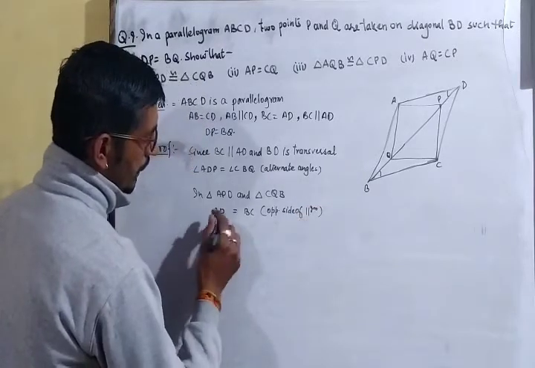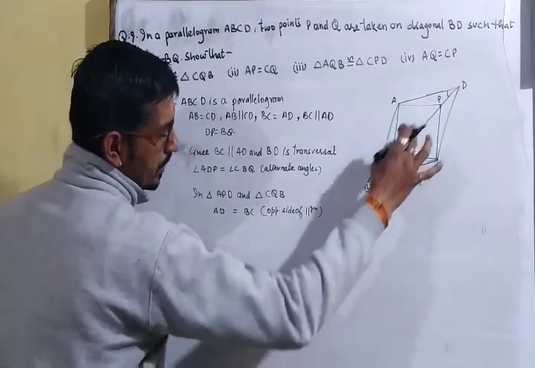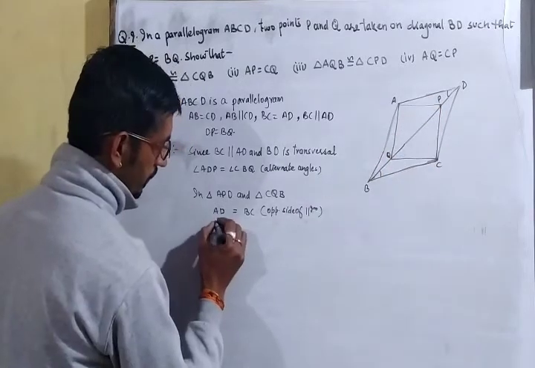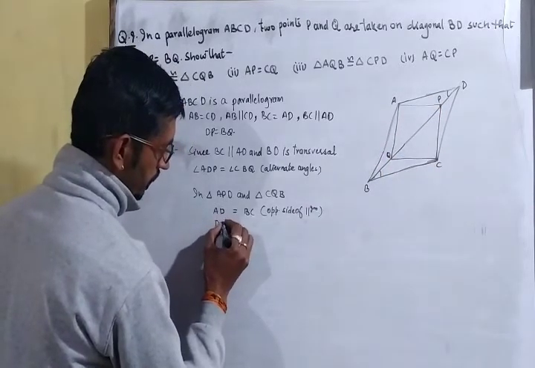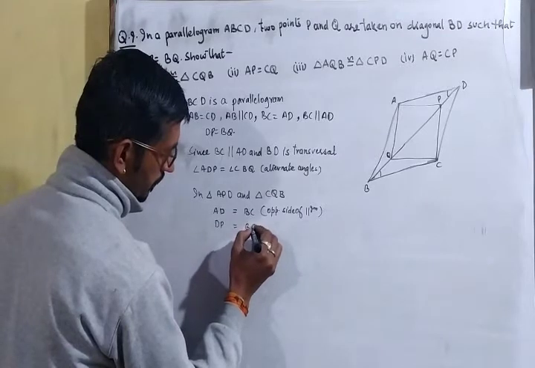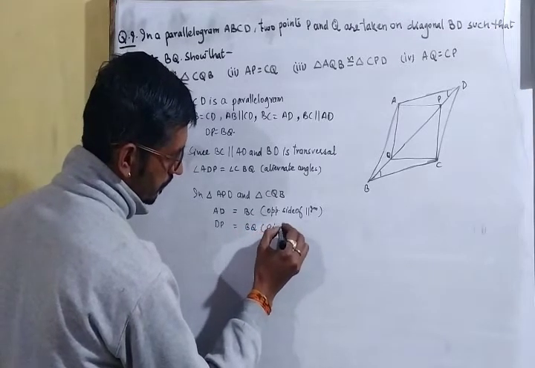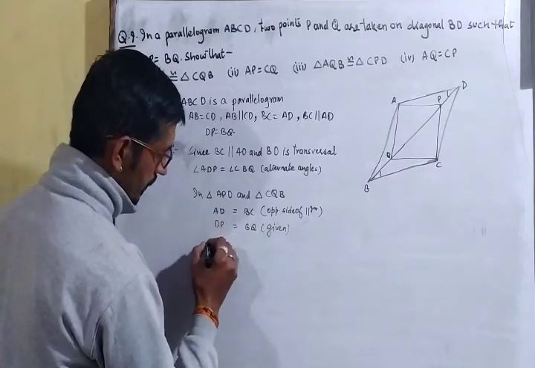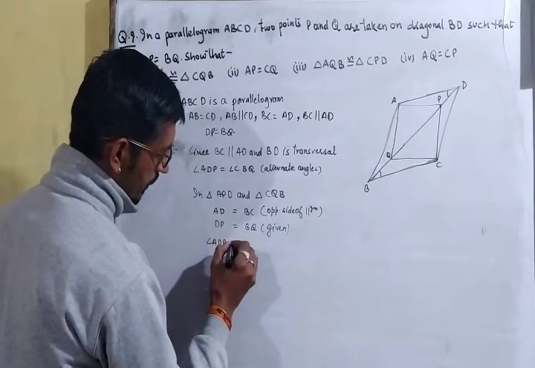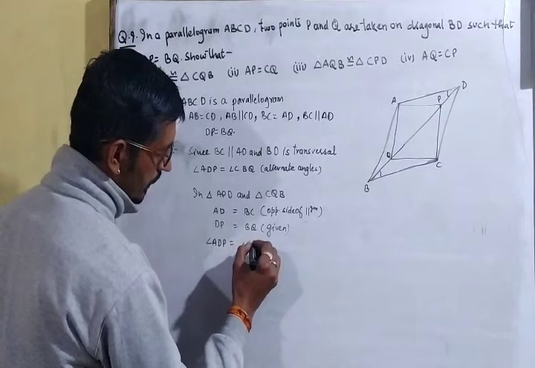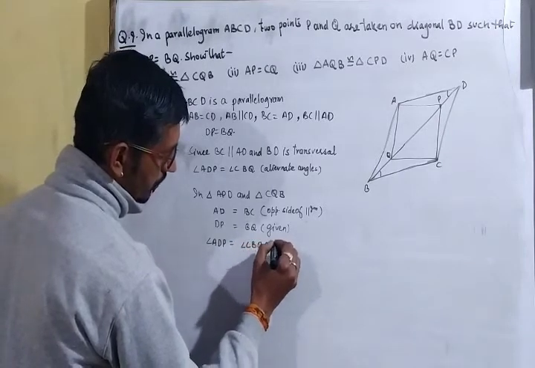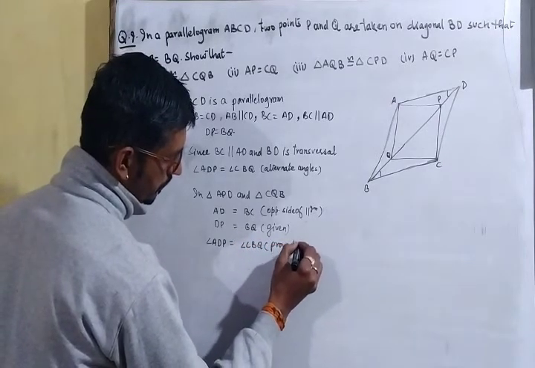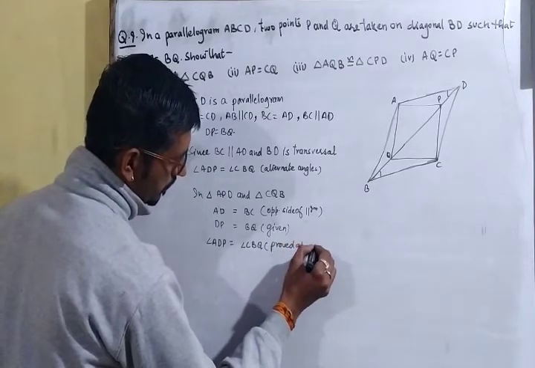Okay, AD is equal to BC, DP is equal to BQ, here we are given, and what we have proved? ADP is equal to angle CBQ, proved above.